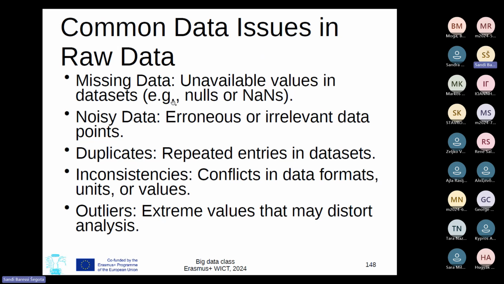Noisy data is data that has a lot of data points that are mistaken or not relevant. So we have a lot of noise in it, a lot of data points that don't really make sense. You have a lot of duplicate points. When we're talking about a duplicate, we're talking about a complete duplicate. If we are all entering our age, of course, we're going to have duplicate values.